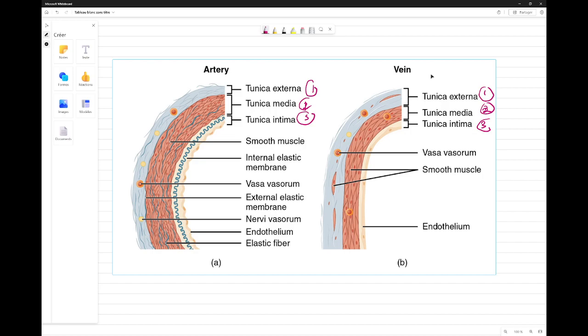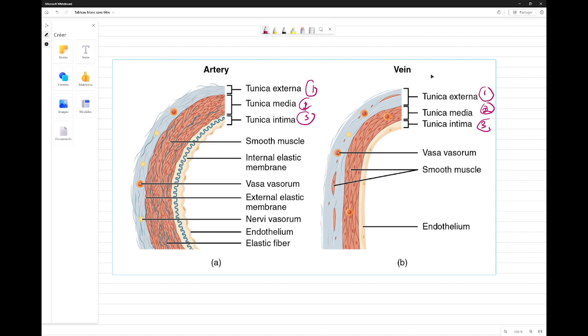All right. So notice this now. We need to note the differences between them. For the tunica externa in the vein and in the artery, notice that the vein has a larger tunica externa as compared with the artery.